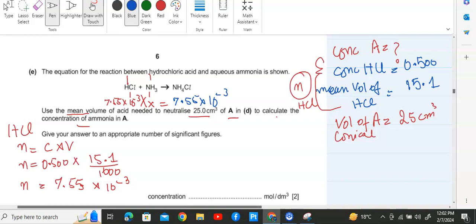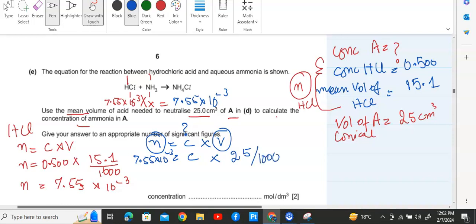Now we will put these values in n is equal to C into V. This time we have the number of moles of ammonia and the volume, and we can calculate the concentration. Number of moles 7.55 into 10 raised to power minus 3, C into volume, which is 25 centimeter cube.